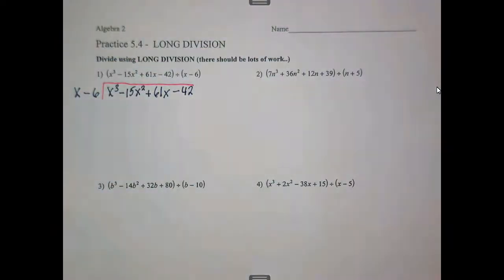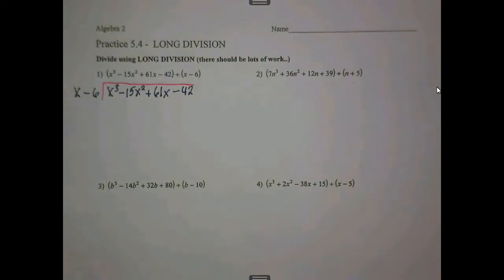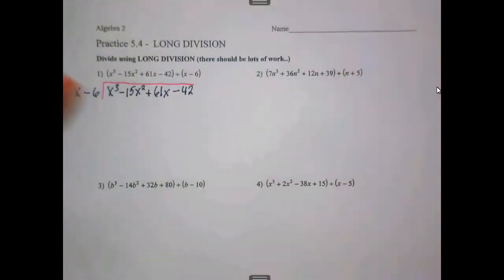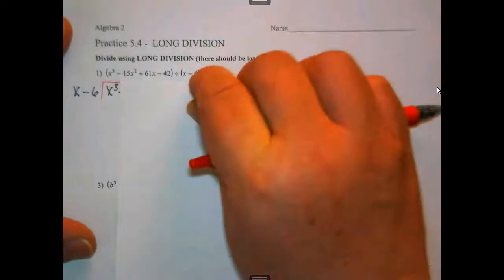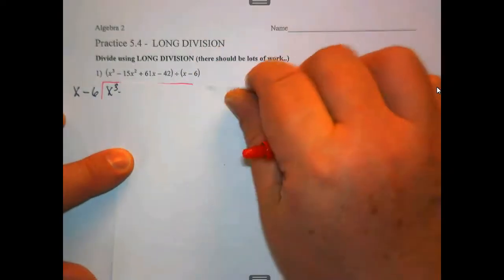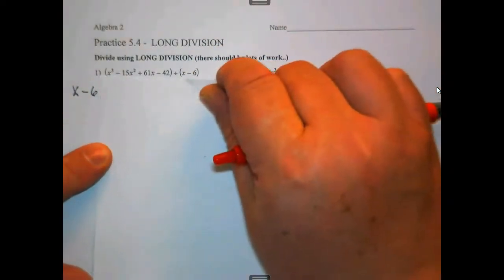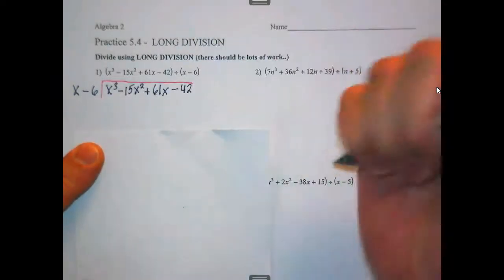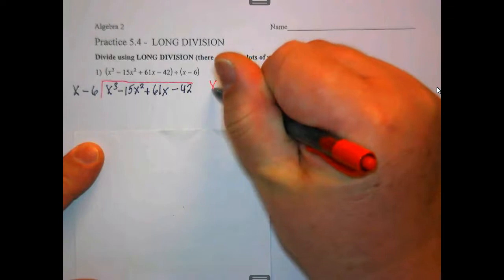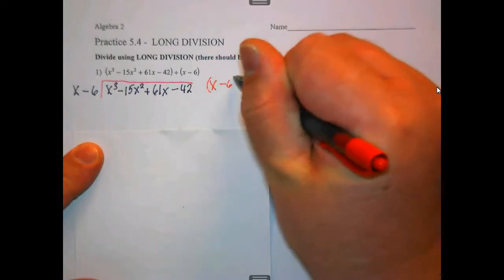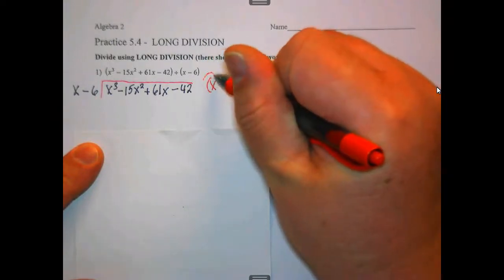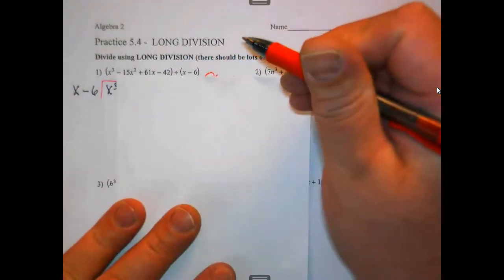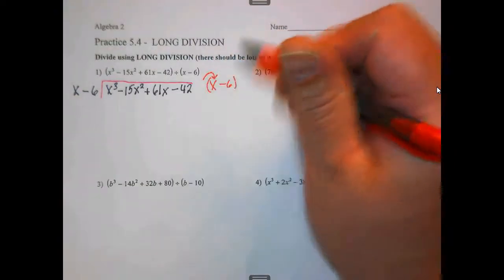Okay. So I look at that first term there, x cubed. Now I'm going to have to use the entire divisor because that's a quantity, right? x minus 6. And I ask myself, what do I multiply that x by to get my x cubed?